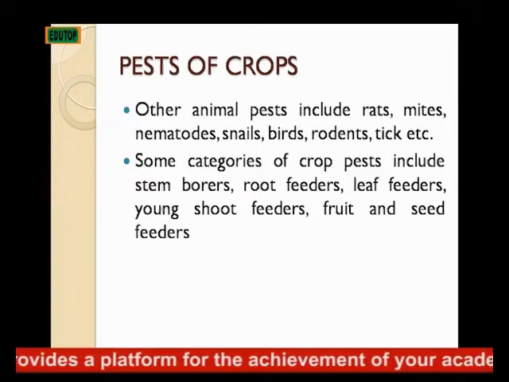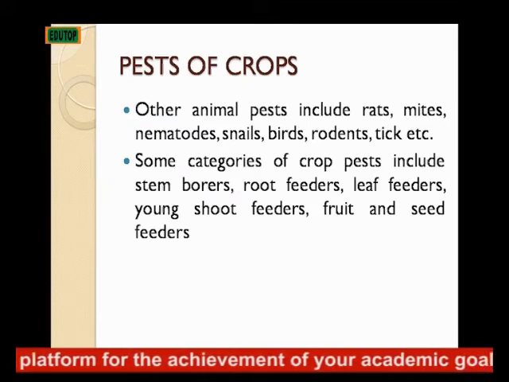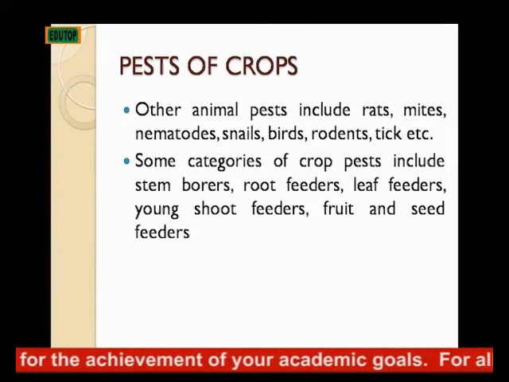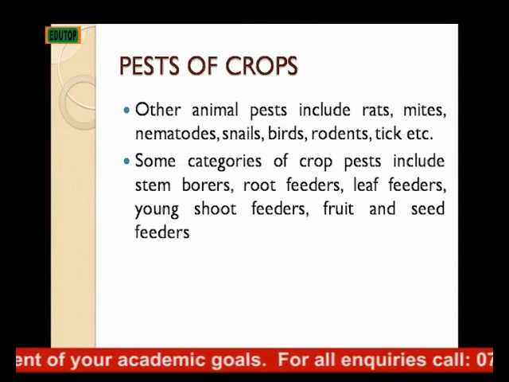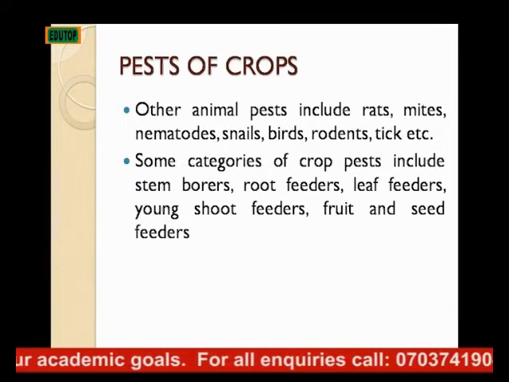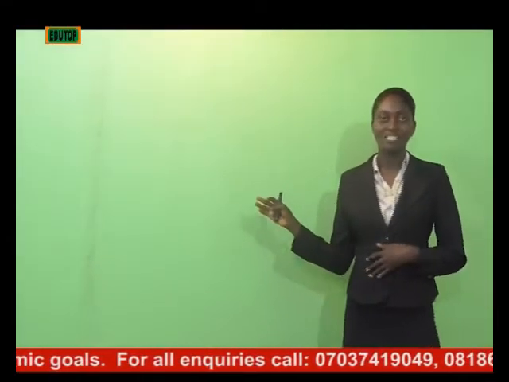Then some categories of crop pests include stem borers, root feeders, leaf feeders, young shoot feeders, then fruit and seed feeders. These kinds of crop pests are just specialized pests, so to say.